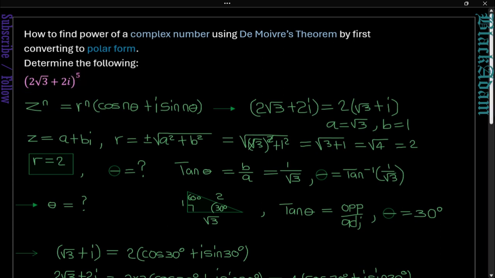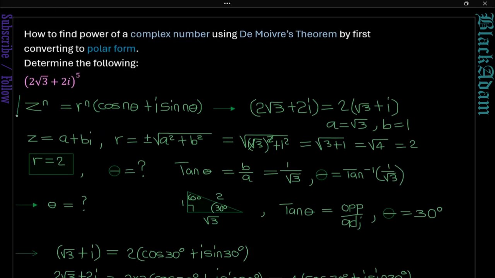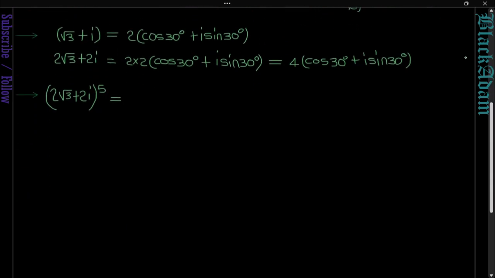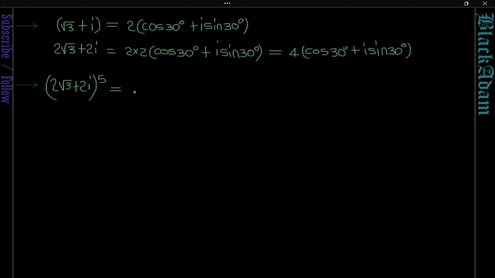Then we need to raise 2 root 3 plus 2i to the power 5, and using De Moivre's theorem, we raise r to the power n and multiply the angle by n.